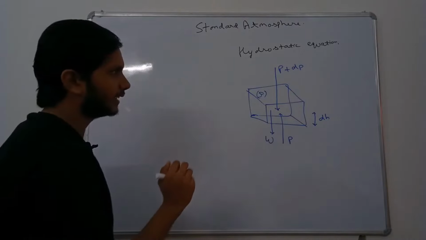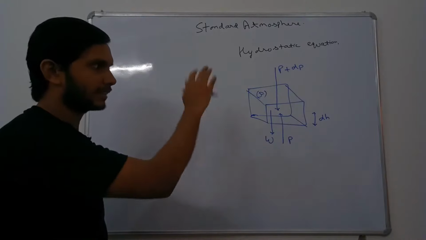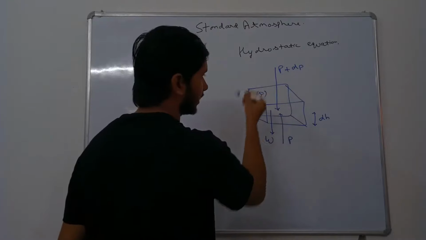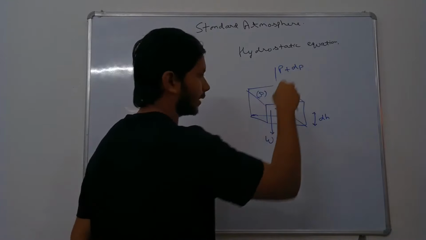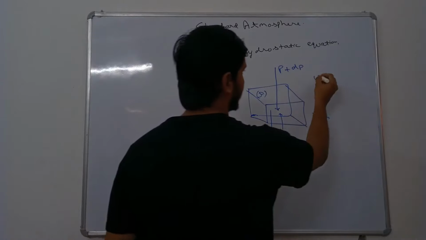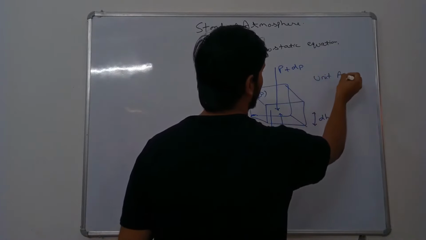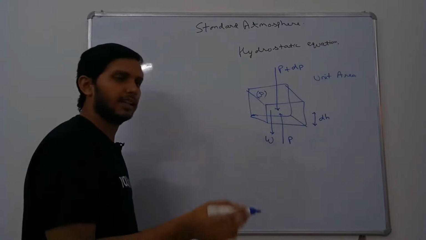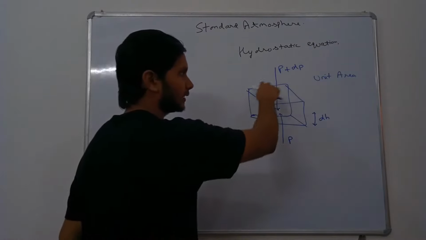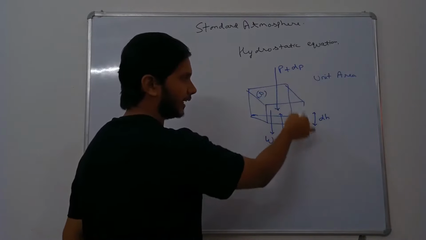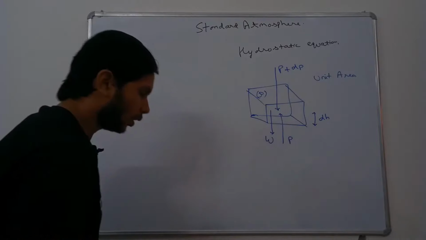So what we do is balance the forces. Regarding the area, pressure acts normally to the surface, so we consider a unit area: length 1, width 1, and the height dH.